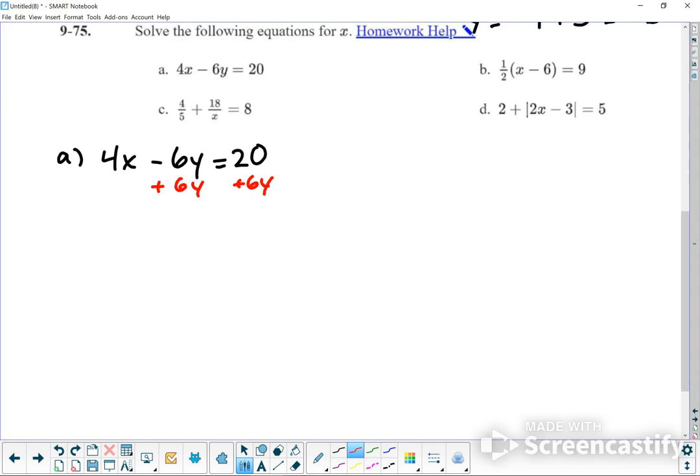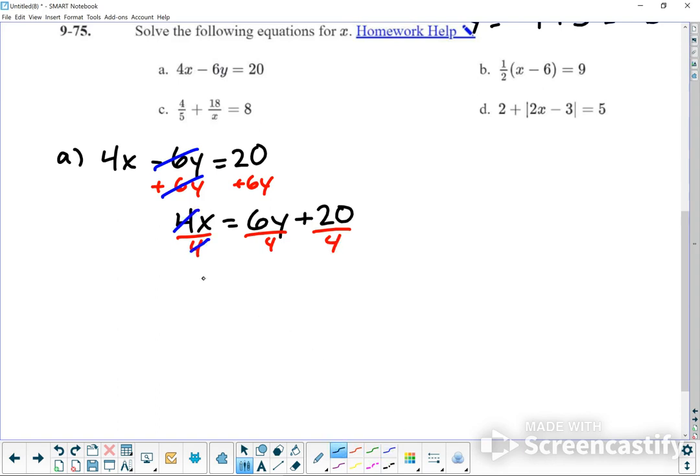And I'm going to leave the variables in the front, if you don't mind. So I'm going to have 4x equals 6y plus 20. Then I'm going to finish it off by dividing by 4, which means everything gets divided by 4, and that's going to cancel.